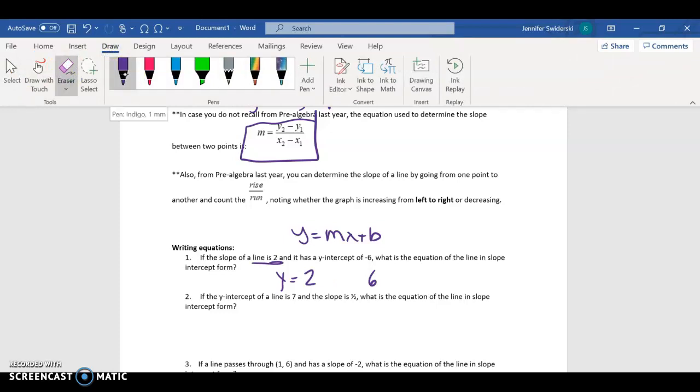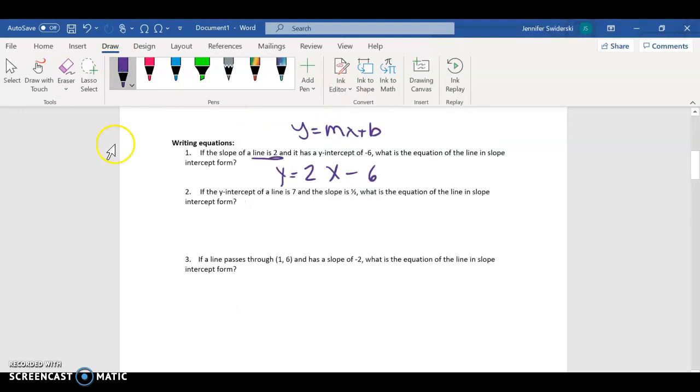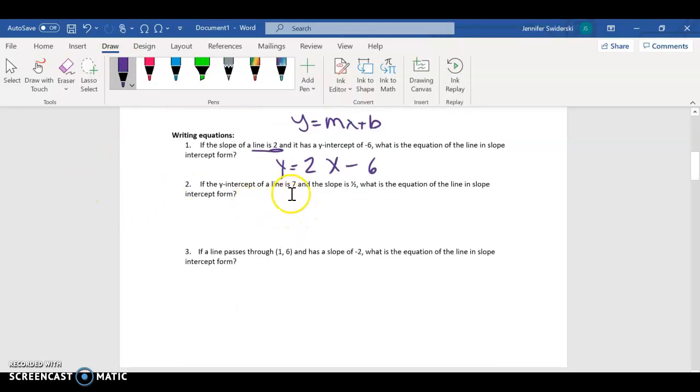So that's telling me my slope is 2 and my y-intercept is at -6. If the y-intercept of a line is 7 and the slope is 1/2, what is the equation in slope-intercept form? Well, we know y would have to equal, my slope is 1/2, x plus 7.